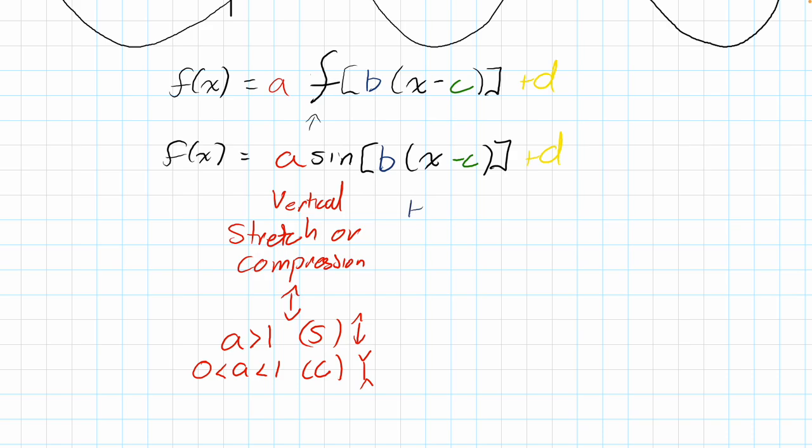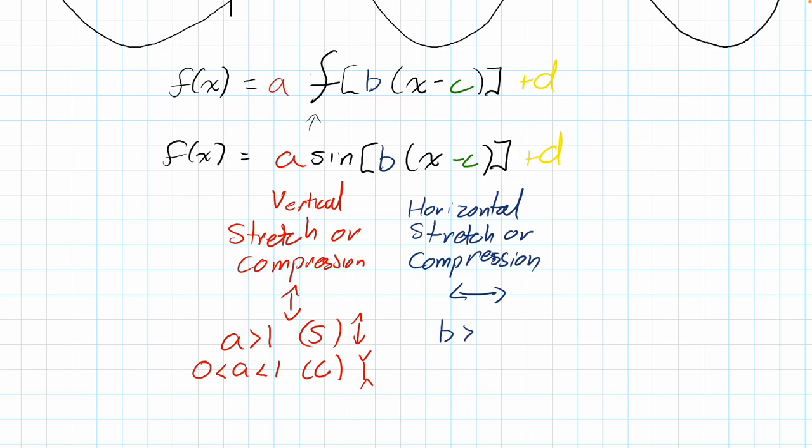B is a horizontal stretch or compression. So it means we're going left to right. And in this case, if B is greater than 1, we actually get a horizontal compression.